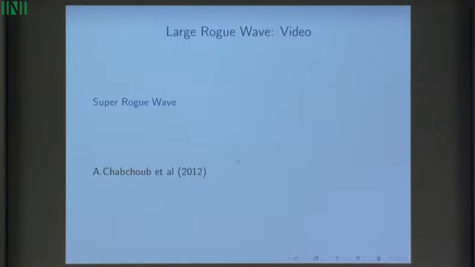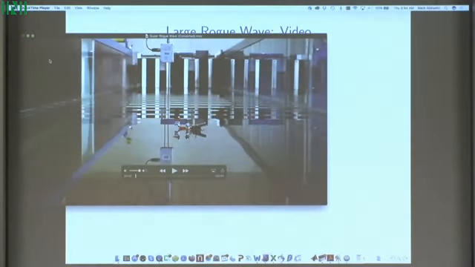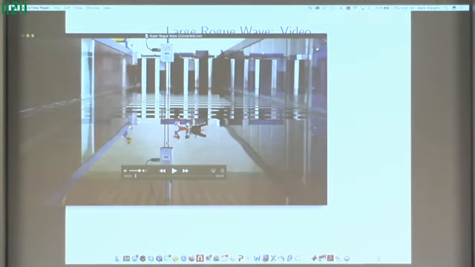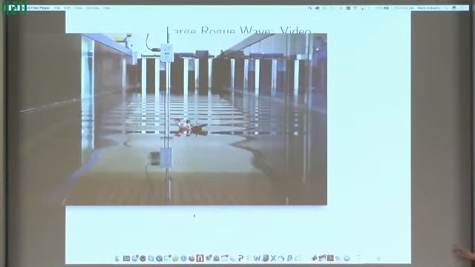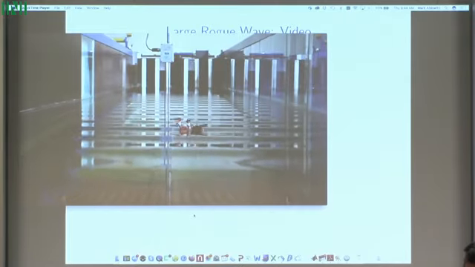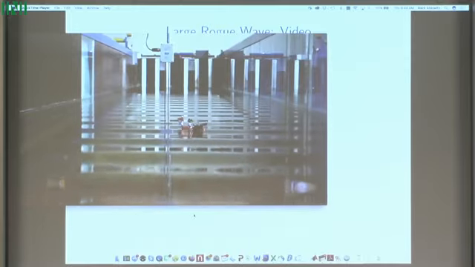Let me give you, from this paper of Chabchoub et al., 2012, a little movie. I guess this will be good enough. It's moving along. That's a little Lego ship, just getting there, feeling good about itself.